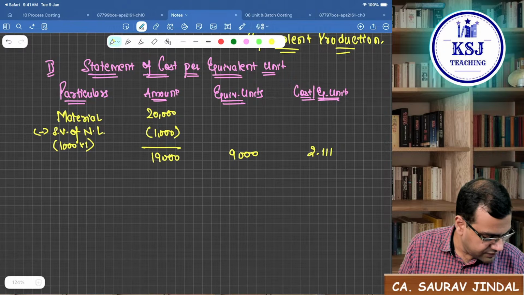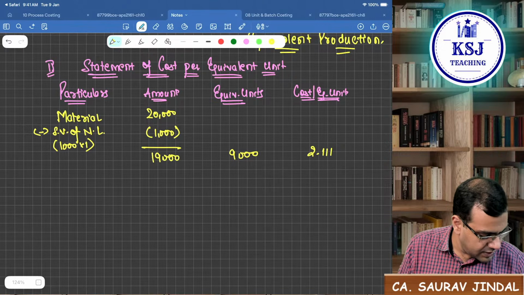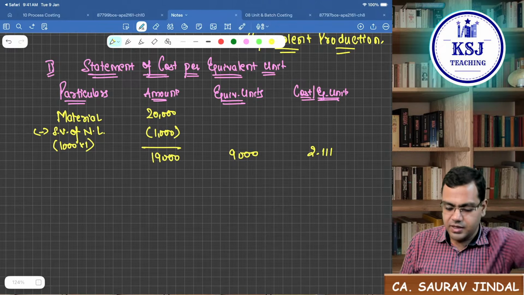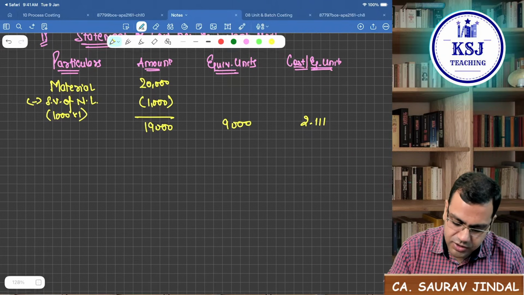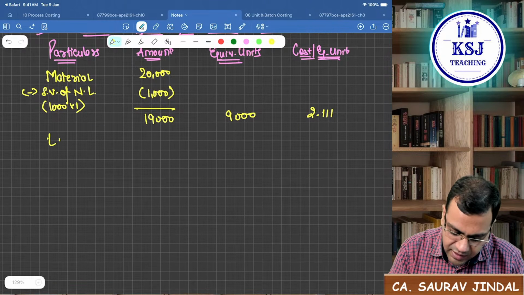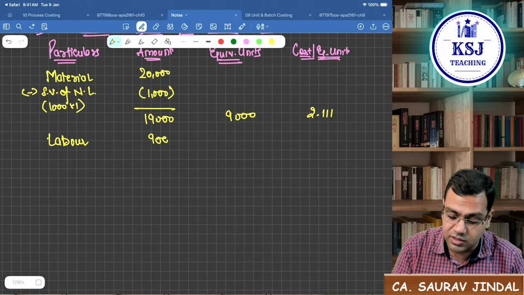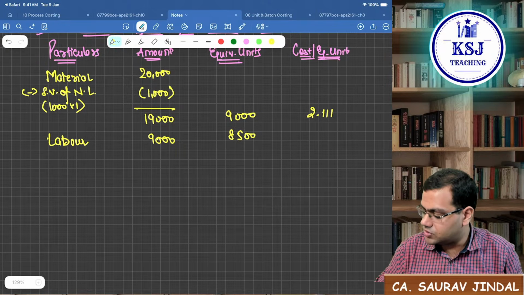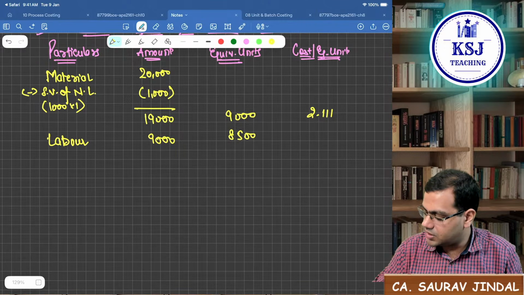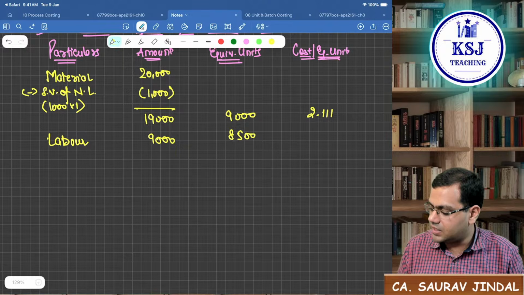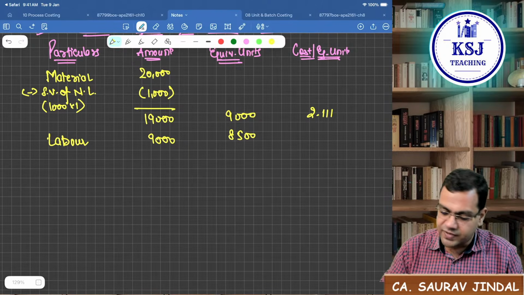Okay, sir. Fine. Next, the labor cost. Labor cost is incurred, what is the amount of labor cost? 9,000. On how many units? On 8,500 equivalent units. So 9,000 divided by 8,500 comes to 1.059.